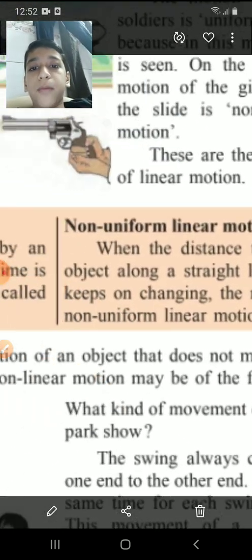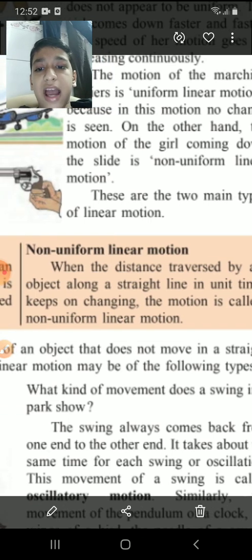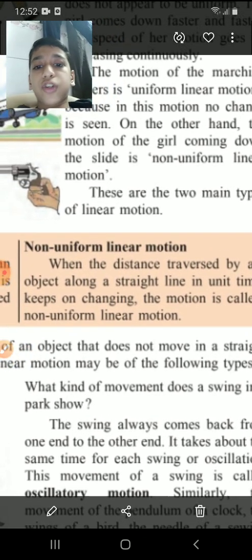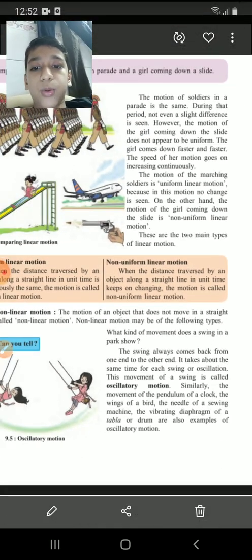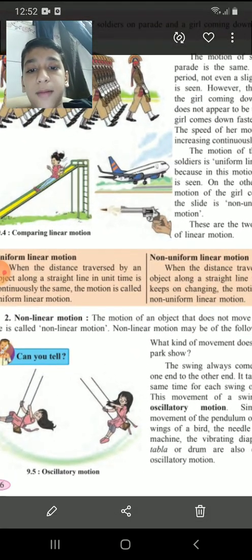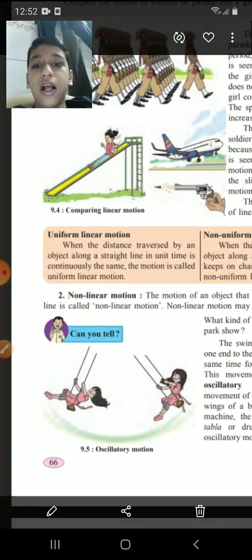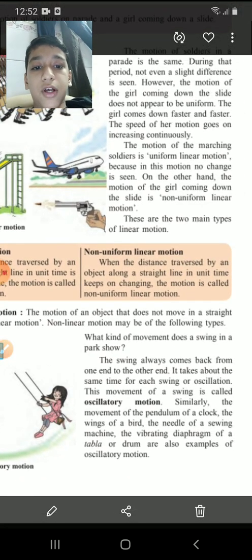Non-uniform linear motion, when the distance traversed by an object along a straight line in unit time keeps on changing, the motion is called non-uniform linear motion. Non-linear motion: the motion of an object that does not move in a straight line is called non-linear motion. Non-linear motion may be of the following types.